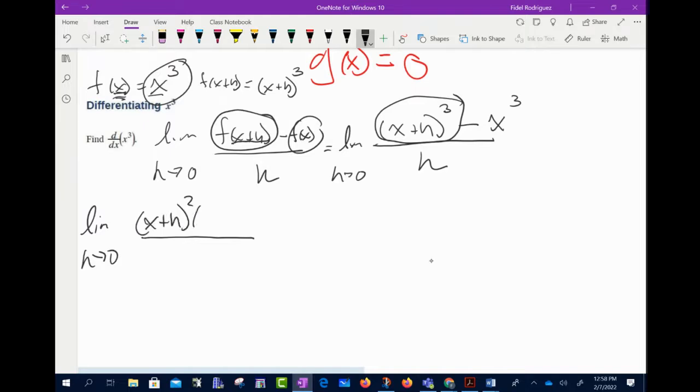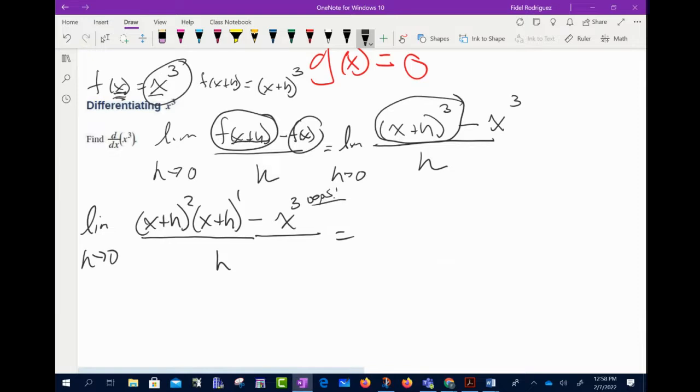Do you agree that x plus h to the third would be the same thing as x plus h all squared, times x plus h? Oh, yeah, x cubed, I'm sorry, my bad. Yes, it should have been x cubed.